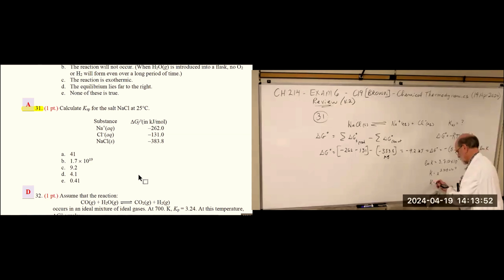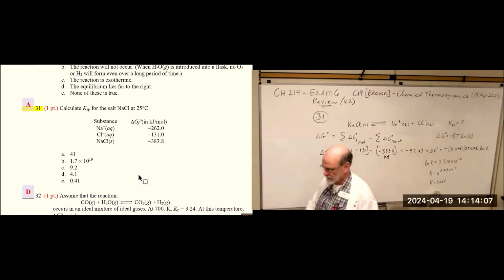And K, I get K is 1.004. That doesn't look right. 25 degrees. I used the right 25 degrees here. Okay, I divided wrong somehow.